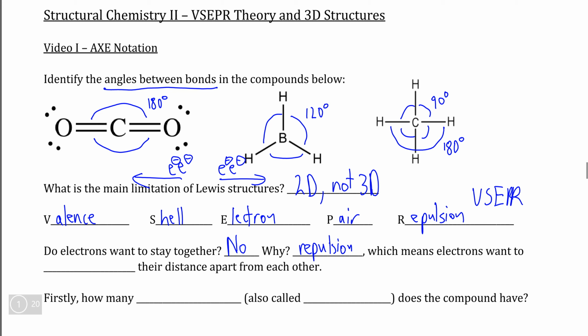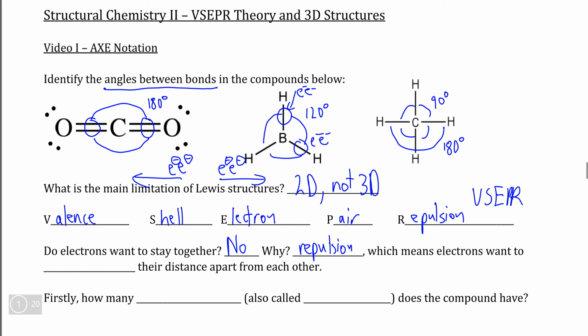For this reason, since each bond within a compound is made of a pair of electrons, these pairs of electrons will want to put as much distance between each other as possible, which is why in carbon dioxide, if we have two groups of bonds, two double bonds, the biggest angle we can make between those to make them as far away from each other as possible is 180 degrees.